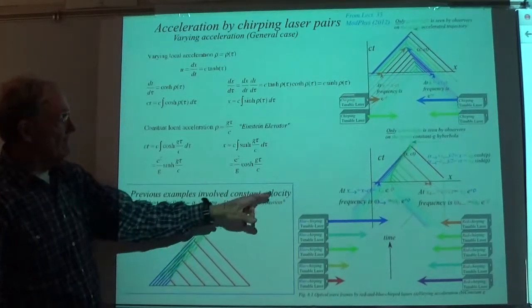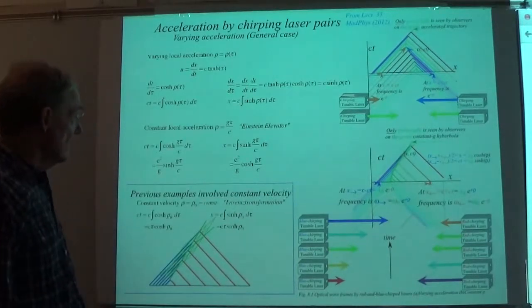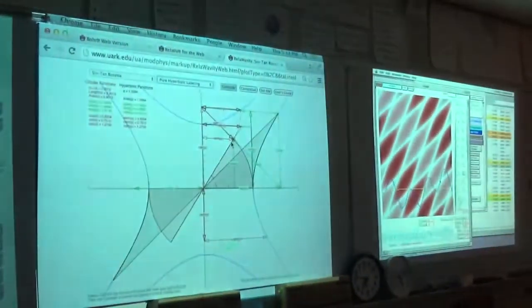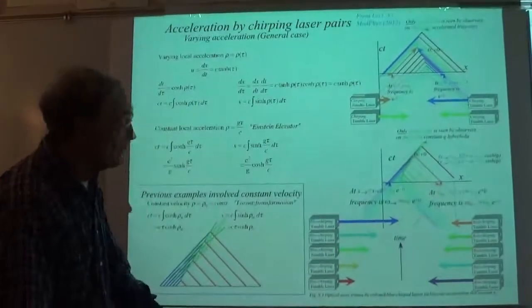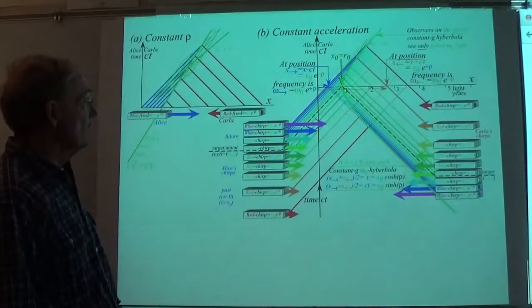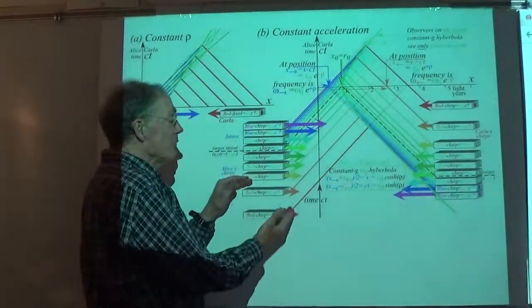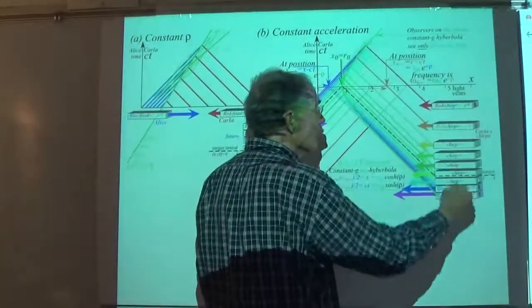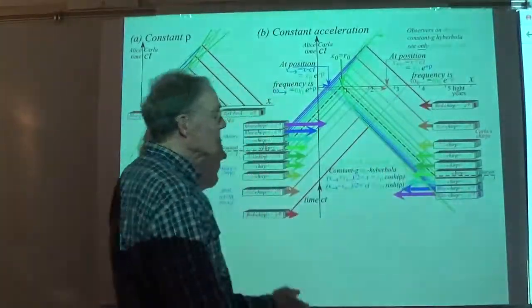The previous examples involved a constant velocity, and that just gives you a uniform Minkowski graph in a straight line between them. But if you raise them in a constant sort of way, a uniform sort of way, actually an exponential sort of way, you get this situation where I'm going to put Alice over here chirping up, and I'm going to put Carla over here chirping down at exactly the same proportion with each other.